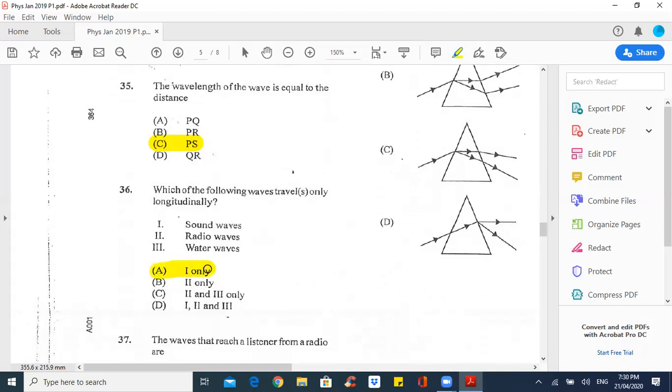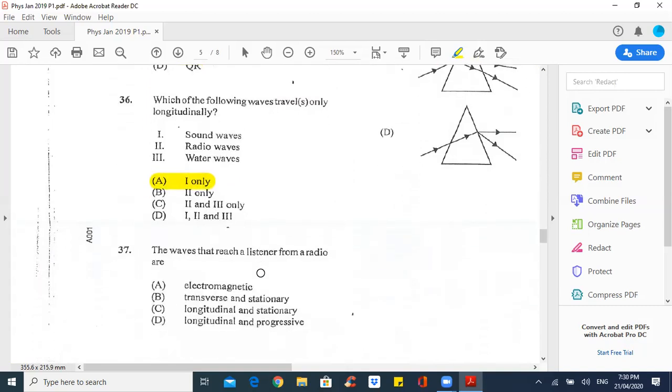Sound waves, right? So that's the one, only A. The waves that reach a listener from a radio are longitudinal and progressive waves, because that's sound we're talking about. So your answer is sound here, progressive longitudinal waves.